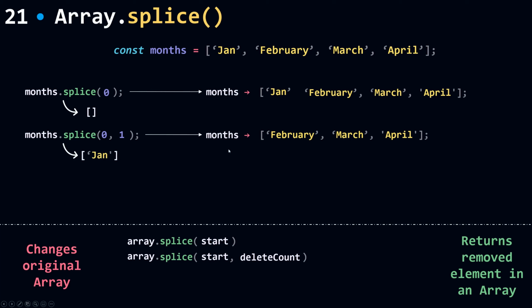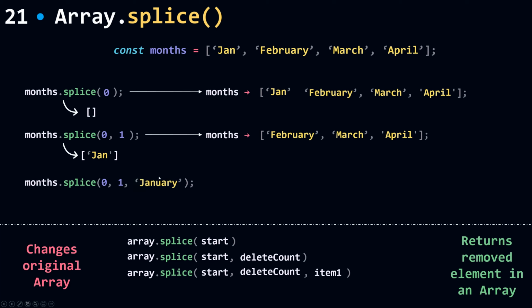Now if you want to add elements to an array, you need to specify the third parameter. So I'm going to say array.splice, start and delete count, and then the item or the element you want to add into the array. Let's see an example. I'm going to say months.splice, I want to go to index 0, delete one element, and then add January into this position.